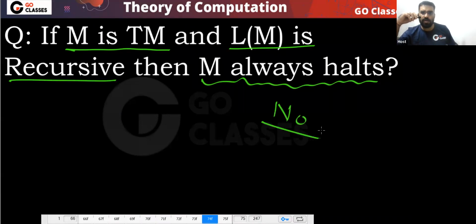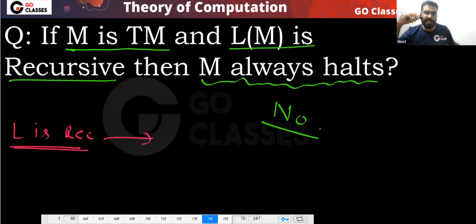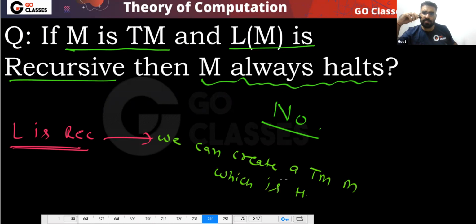No. Because if L is recursive, then you can easily create a Turing machine M which is not halting. Yes or no? Agree or not?